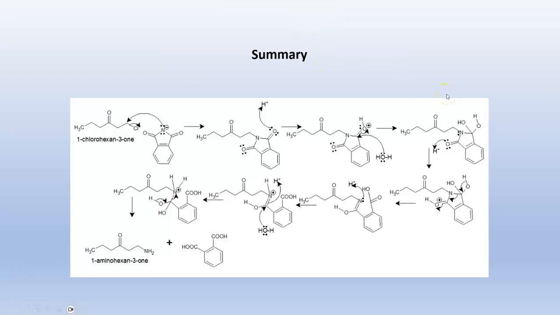In summary, the carbonyl carbon of 1-chlorohexane 3,1 acts as the electrophile. NHPI and water act as nucleophiles in successive steps. The curved arrows in this reaction show lone pairs flowing towards electron-deficient centers. Protonation and deprotonation drive the intermediate stability as well as the leaving group departure.